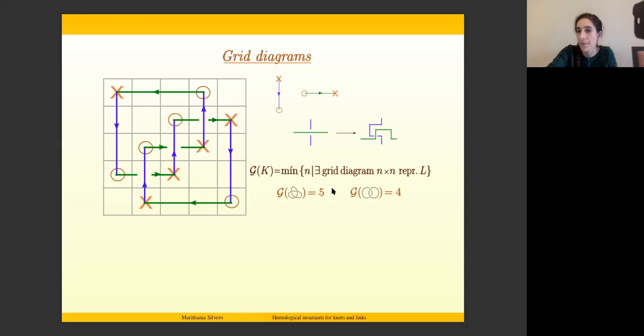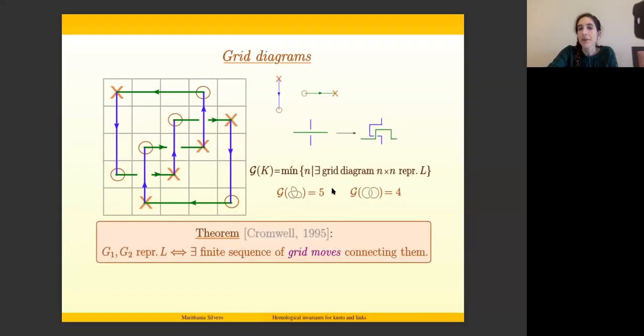So we have this theorem by Cromwell of 1995 saying that two grid diagrams represent the same link if and only if there exists a finite sequence of grid moves connecting G1 and G2, okay?